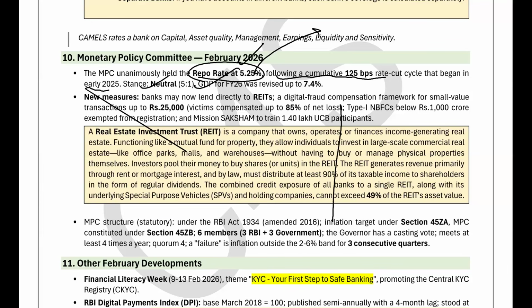Why? Because through monetary policy, RBI is controlling aggregate demand. Try to understand, this downward sloping graph is aggregate demand. If RBI is controlling aggregate demand, it means they are controlling the output of a country, right?